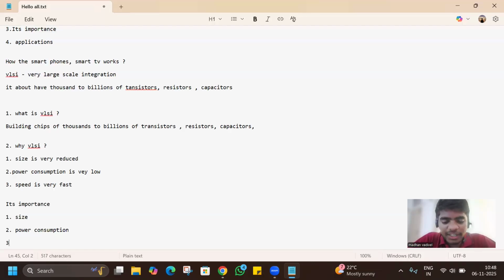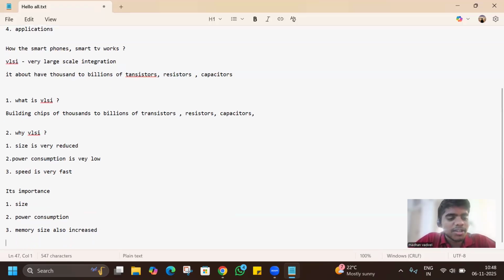Using this VLSI, memory size also increased. Next, speed is very fast compared to other technologies. Okay, this is all about its importance.